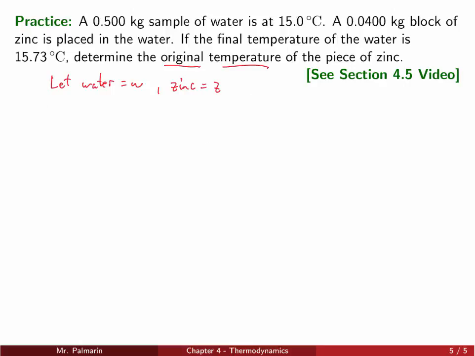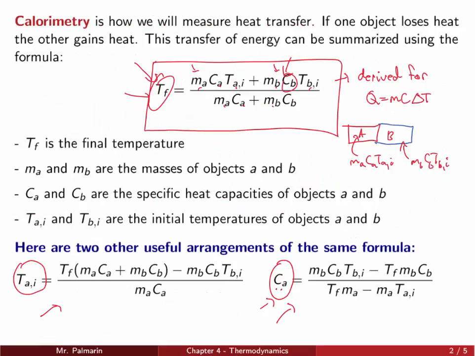Okay? So when you go back, out of these three arrangements, which one is it? This guy, because this is initial temperature. That's your initial temperature formula. In this case, we're looking for the initial temperature of zinc, right?